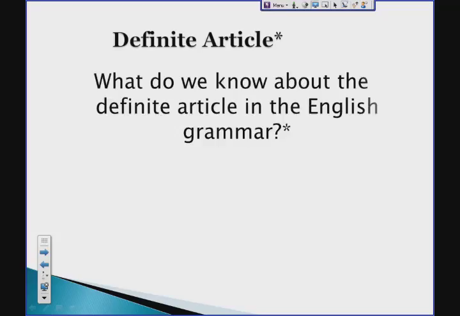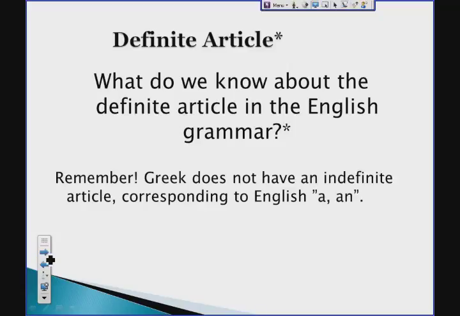Right. What is next? Definite article. This is just a repetition of what you had last week. If you have a Greek noun, ho adelphos, and the word adelphos, what is the difference between those two?